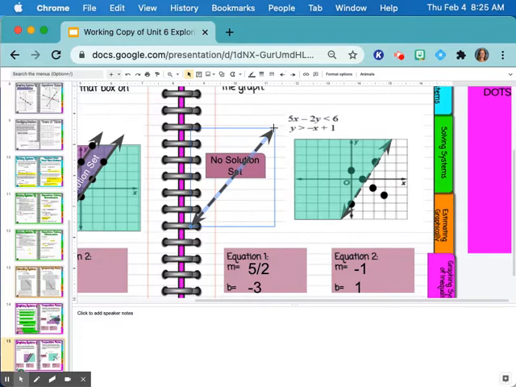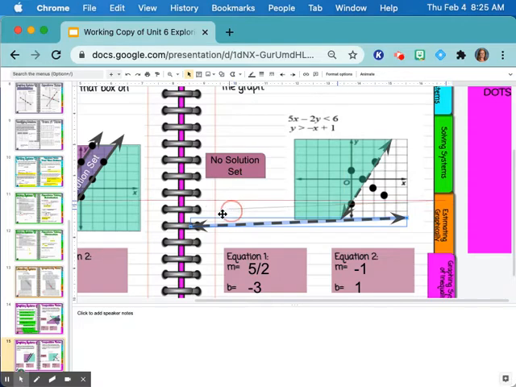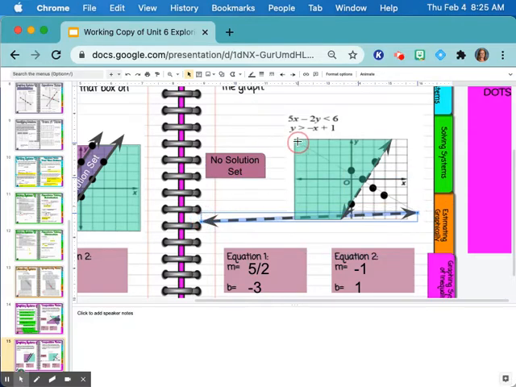And it's dashed. There we go. That's about right.